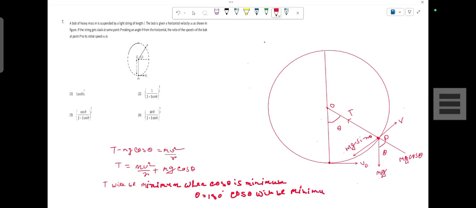Cos theta will be minimum for this case when theta is equal to 180 degrees.